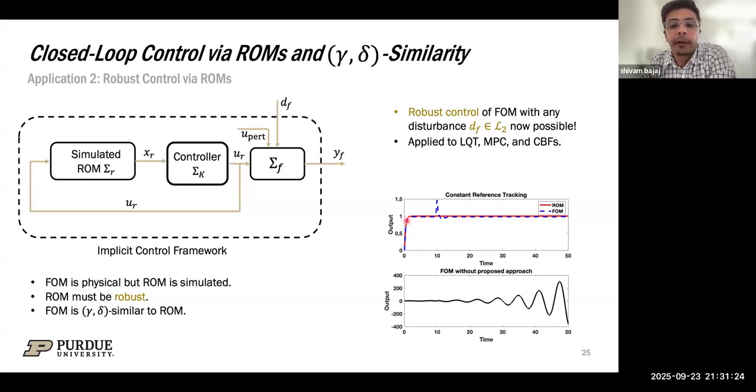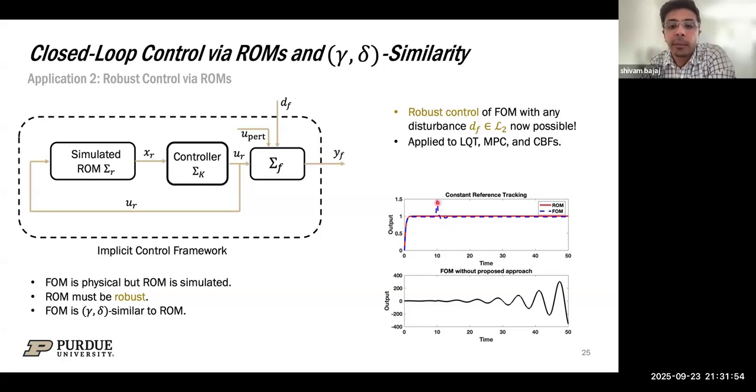In this example, I want my full order system to follow a constant reference at 1. The red curve here shows the output of the reduced model. Since I designed the controller based on the reduced model, we see that the performance is really nice. And when I apply the same controller back to the true system, the true system follows the constant trajectory, except at time instant 10.